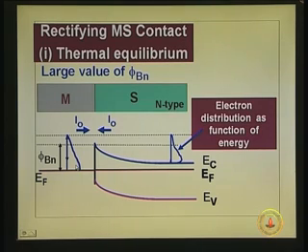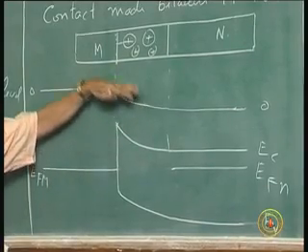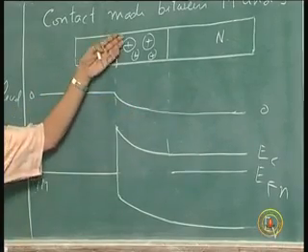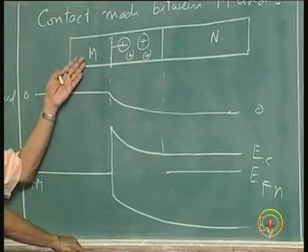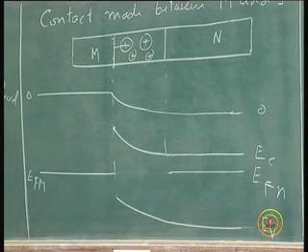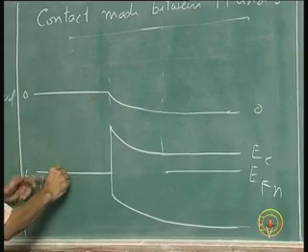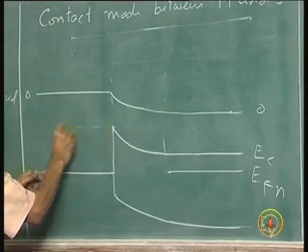Okay. Now, I will just remove this because there is no space there. The top portion I will remove now, because you now understand this diagram has been obtained under thermal equilibrium condition, nothing applied. So, I will just remove that just to show whatever is put there, from here to here.